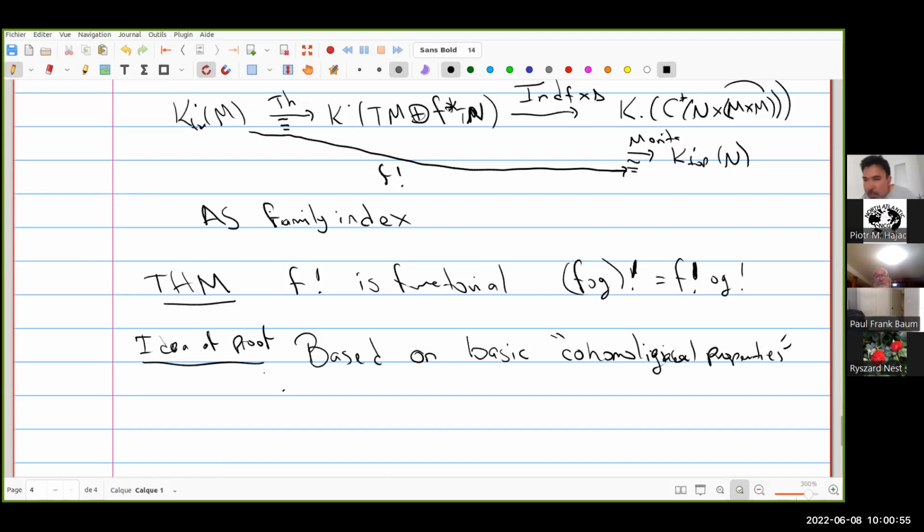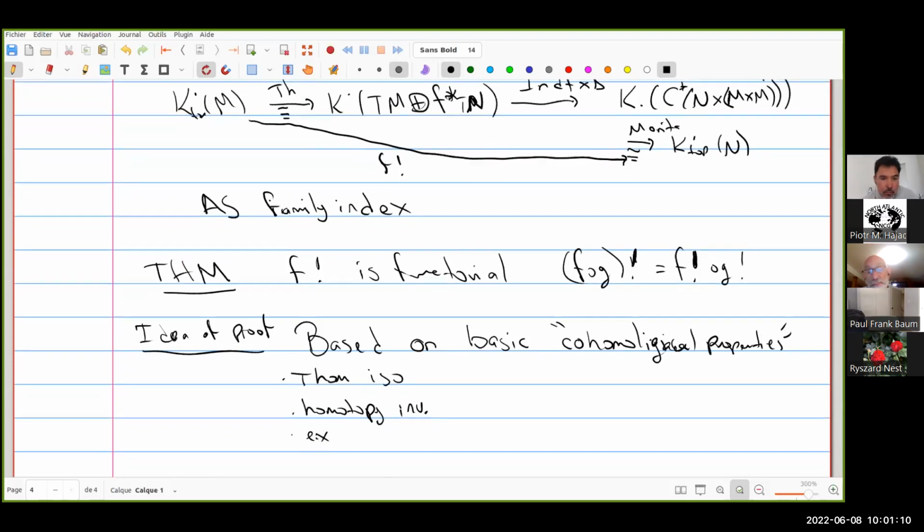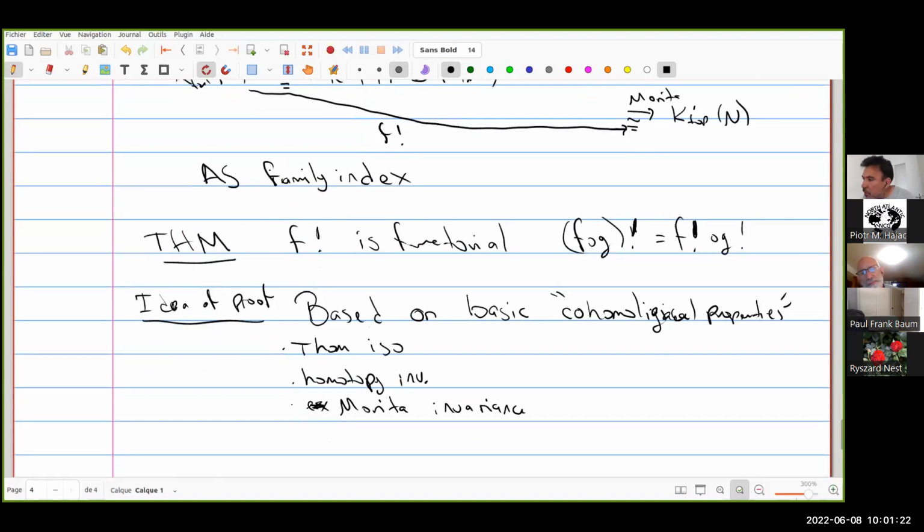Essentially the existence of the Thom isomorphism in K theory, homotopy invariance, excision, and Morita invariance, meaning that two algebras which are Morita equivalent have the same K theory. Those are the basic properties, together with the existence of the six-term exact sequence.